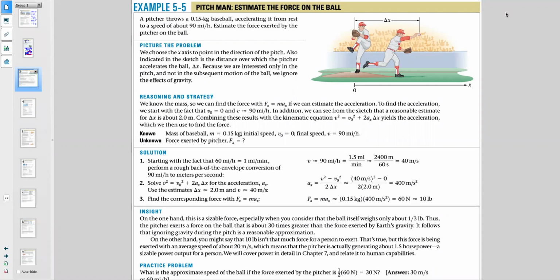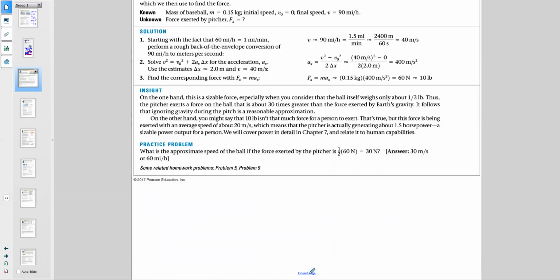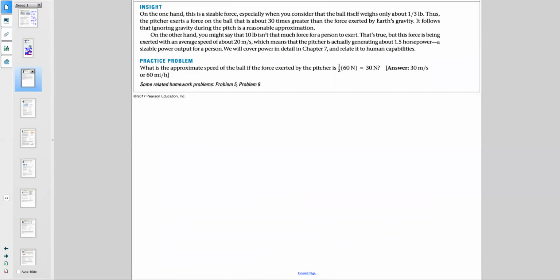All right, so first things first. There is a little bit of a problem here, and the problem is right there. It is 90 miles per hour. We know that miles per hour is not our SI unit. So what we have to do is get rid of that mile per hour and change it to meters per second.